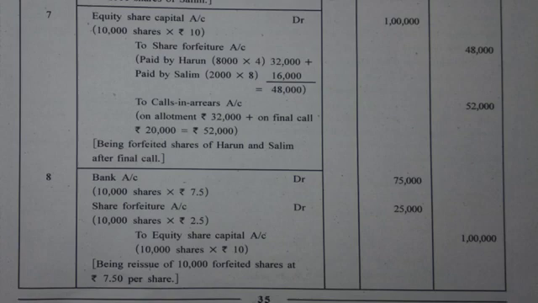So equity share capital account debit: number of shares forfeited into amount called up. 10,000, how? 8,000 plus 2,000. 8,000 shares of Harun and 2,000 shares of Salim. So 10,000 into 10, 1 lakh.